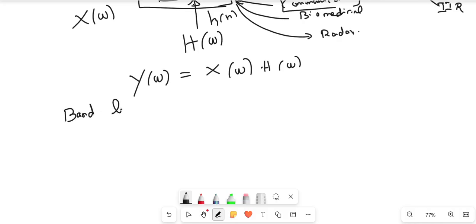Now the next term is band limited signal. What do you mean by band limited signal? As a core student, everyone should know this.